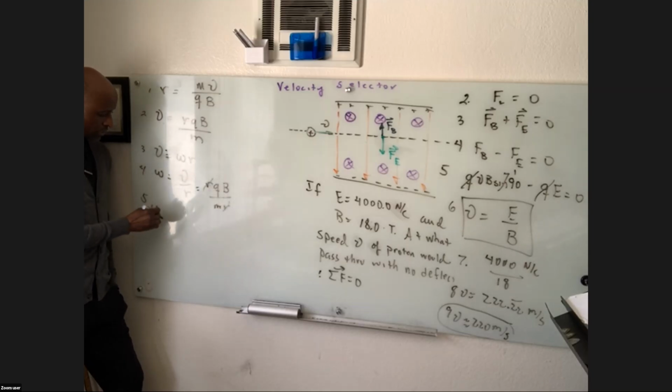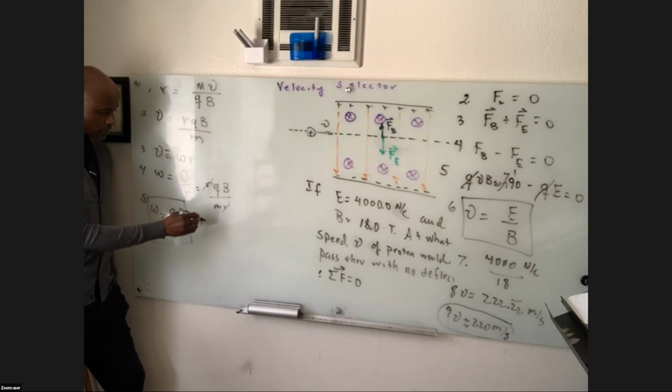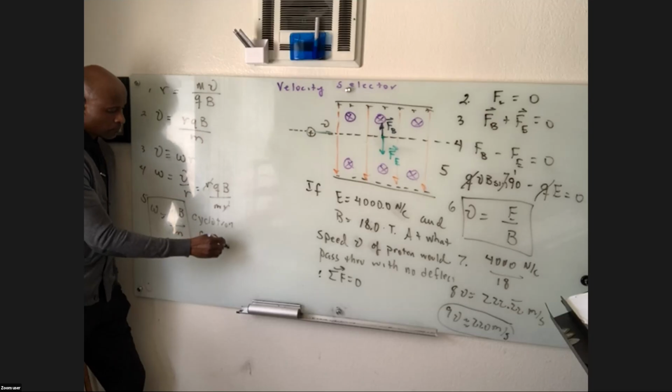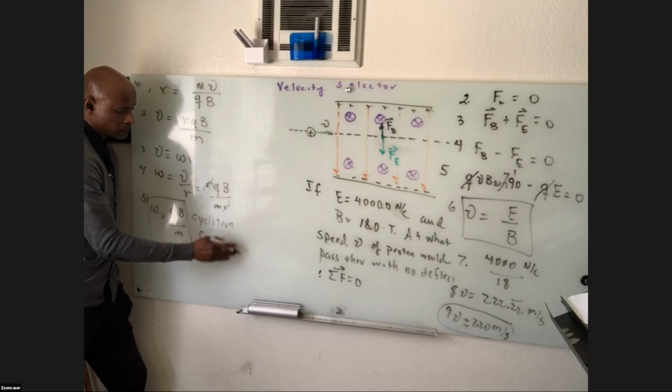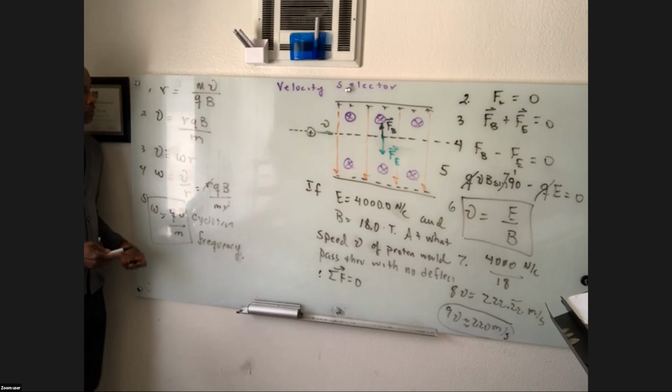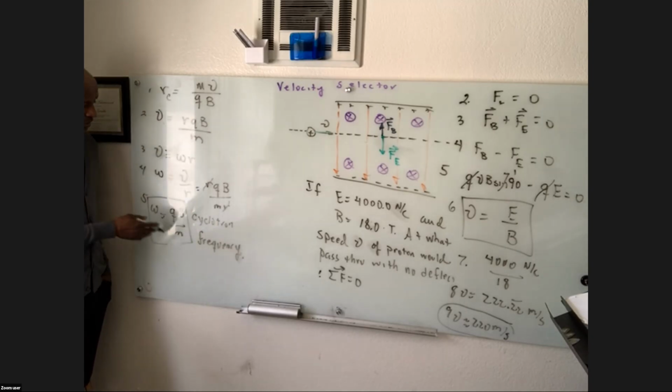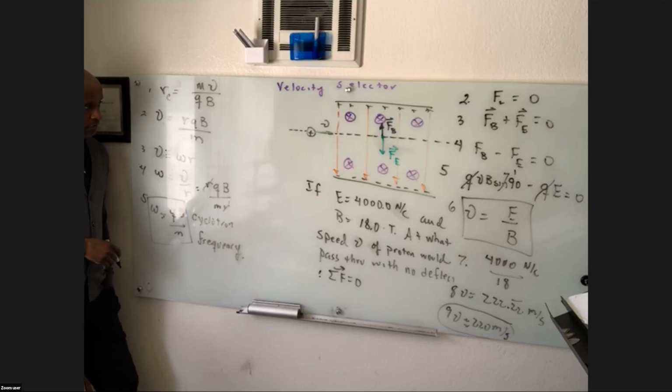And the angular speed or angular frequency of the particle that's spinning around in that magnetic field is equal to Q B over M. So that's called the cyclotron frequency. So we have the cyclotron radius, the speed of the particle in terms of B, and the cyclotron frequency for a particle spinning in a magnetic field.